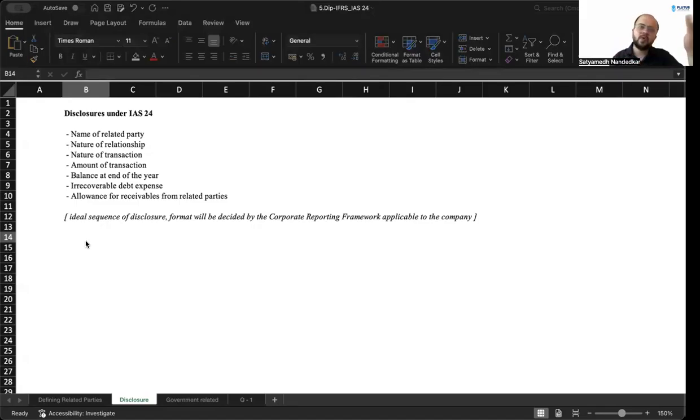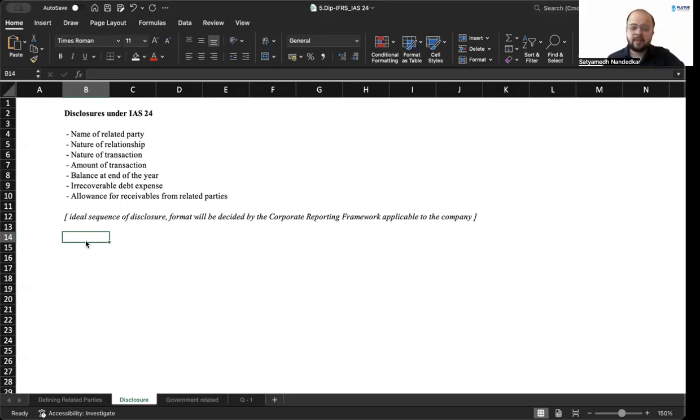What is the value of the transaction? If I have given a loan, say for example, one entity has given a loan to the other entity, mention the fact that what is the nature of the transaction. The nature of the transaction is that there is a loan that one party has given to another. Amount of transaction, 5 crores ka loan has been given. Balance at the end of the year, out of 5 crores, 1 crore has been repaid. So 4 crores will be shown as balance at the end of the year.